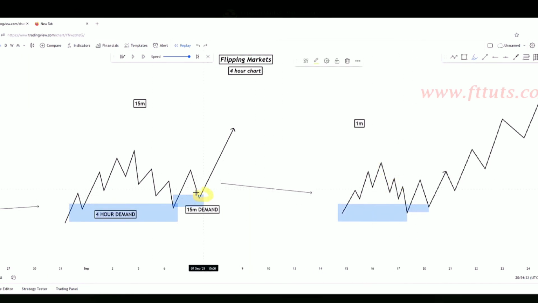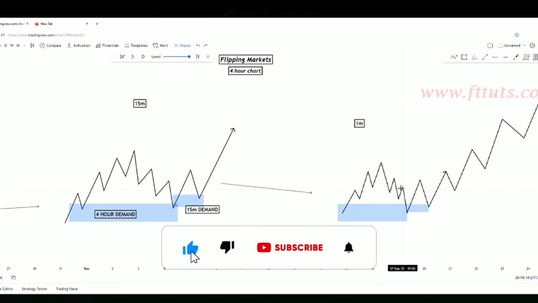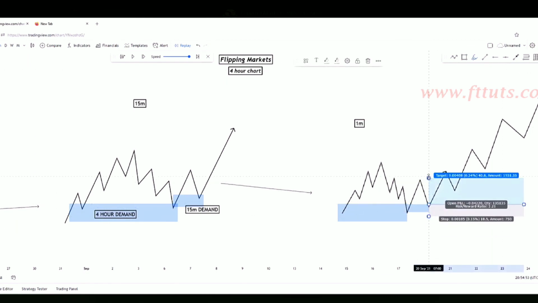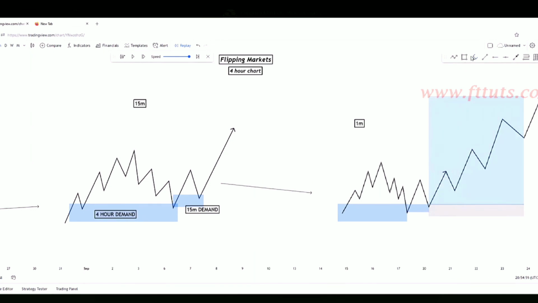After the tap of this 50-minute zone happened, here also on the 1 minute, price will change character. So it breaks through the last high point, change of character, and it will create a demand zone. And after the change of character, you can mark your demand zone out and hop in a long trade on this demand zone. And you can write the expectational order flow, which is this one, because it's bullish in this case.